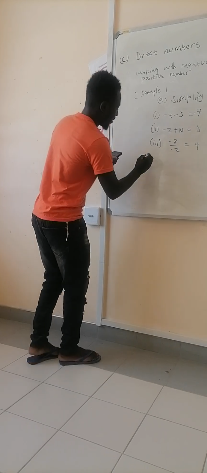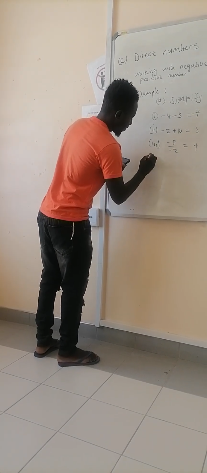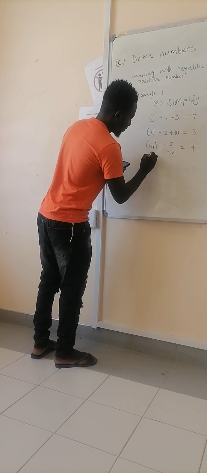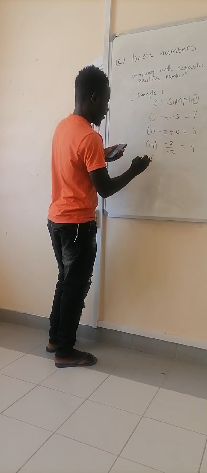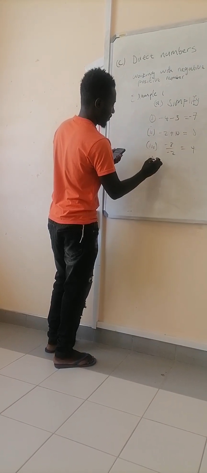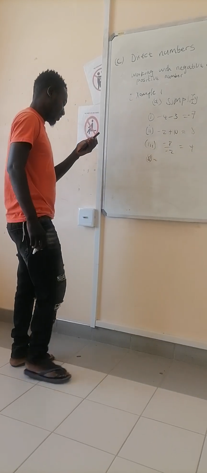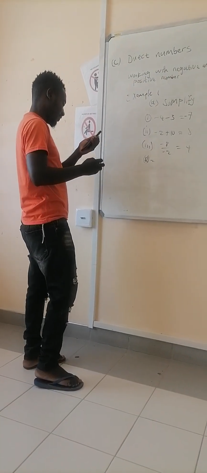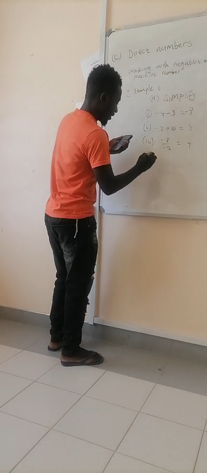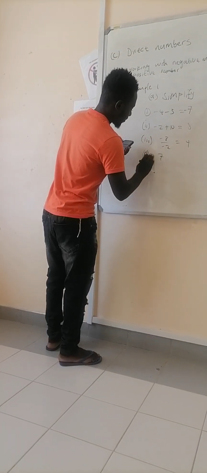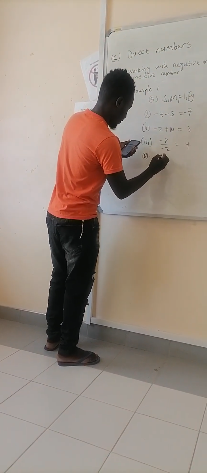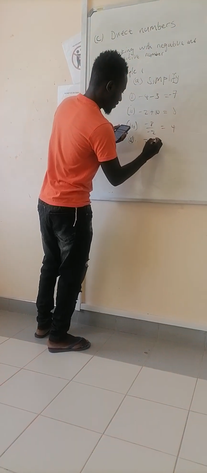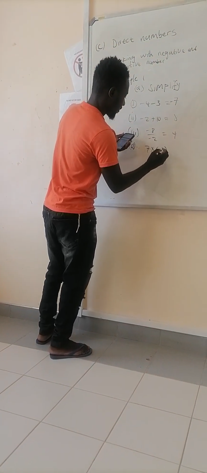Let's try multiplication. So here with multiplication I have 7 times negative 3.